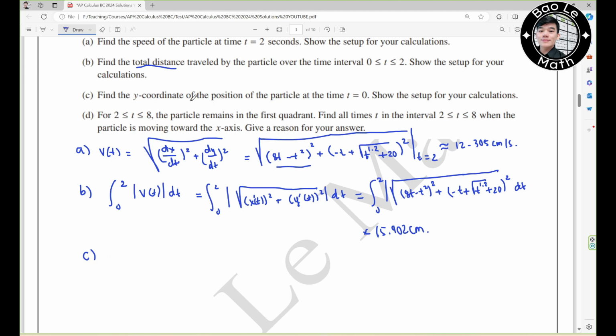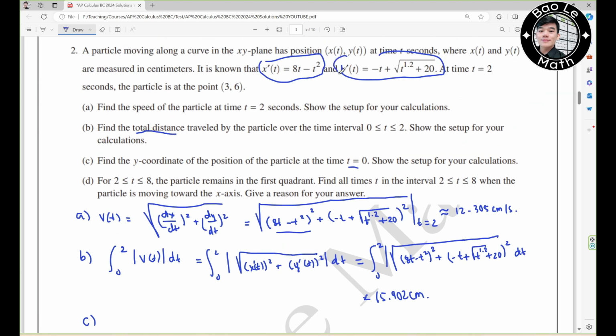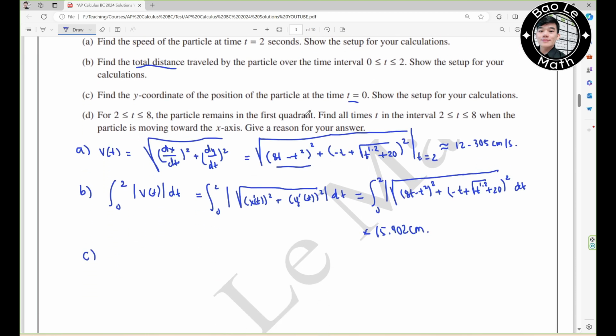Alright, question C. Find the y-coordinate of the position of the particle at time t equals 0. Alright, so for the y-coordinate, look at this one only. And we need to use the Fundamental Theorem of Calculus. So we have the integral from 0 to 2 of y prime of t dt equals y of 2 minus y of 0.